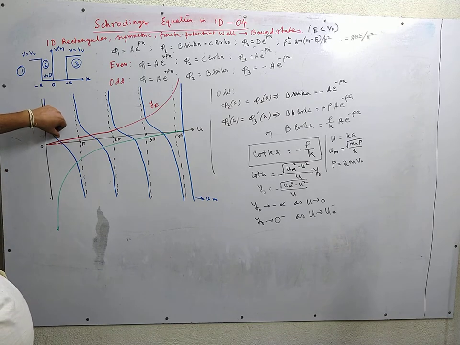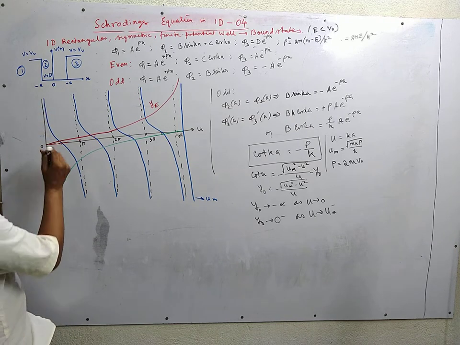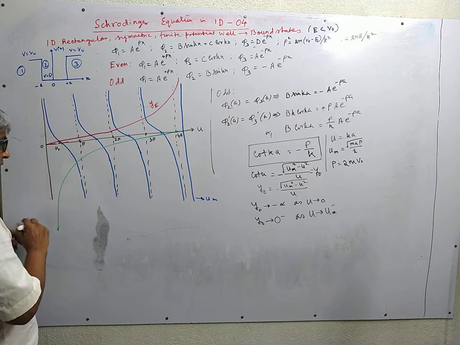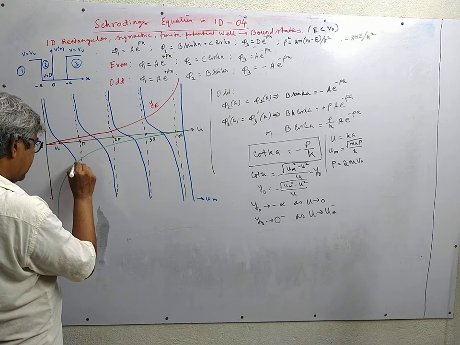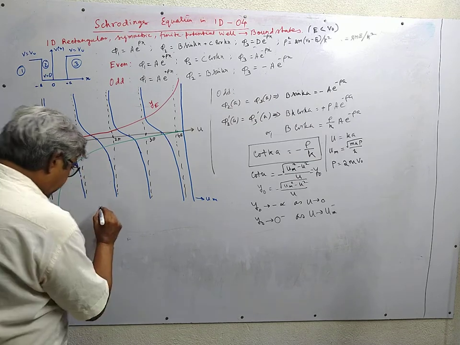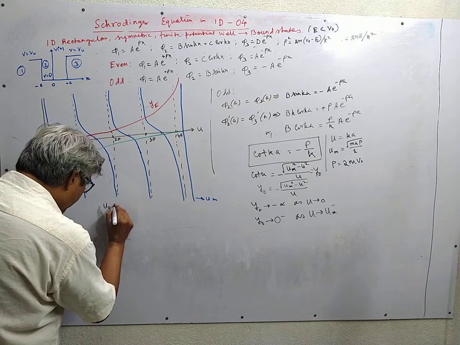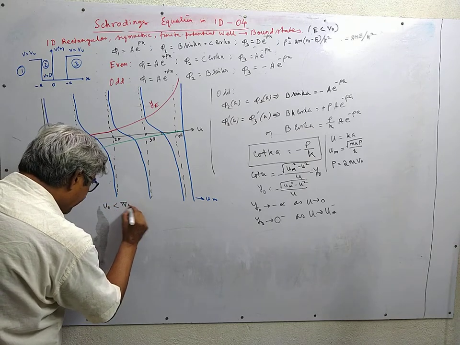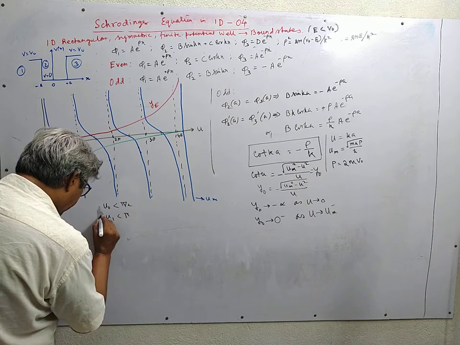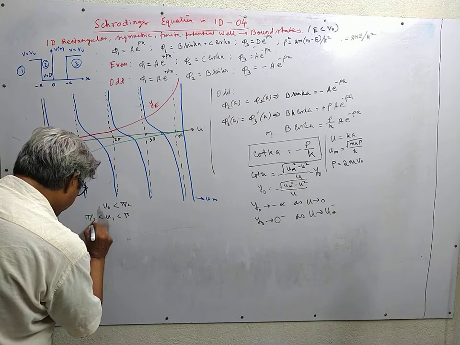First u value, that is u0, is less than pi by 2. So this is the first state that we get, u0, and it comes from even parity state. Then it is u1. u0 is less than pi by 2. u1 is less than pi, greater than pi by 2.